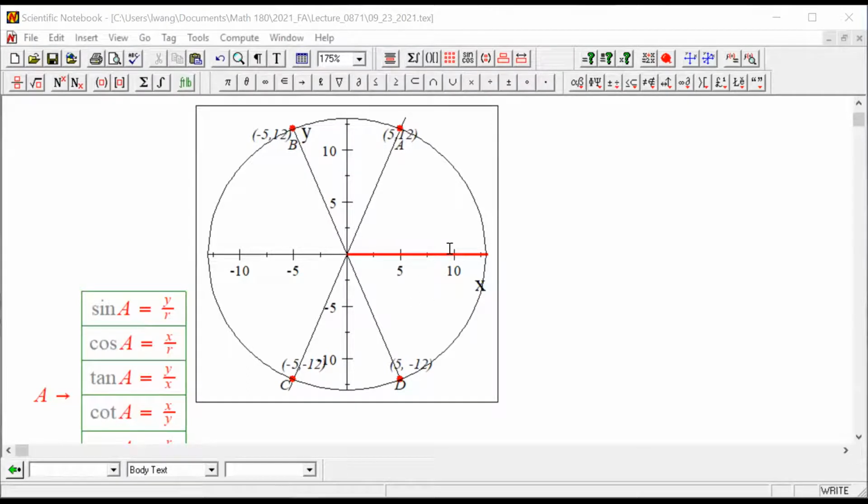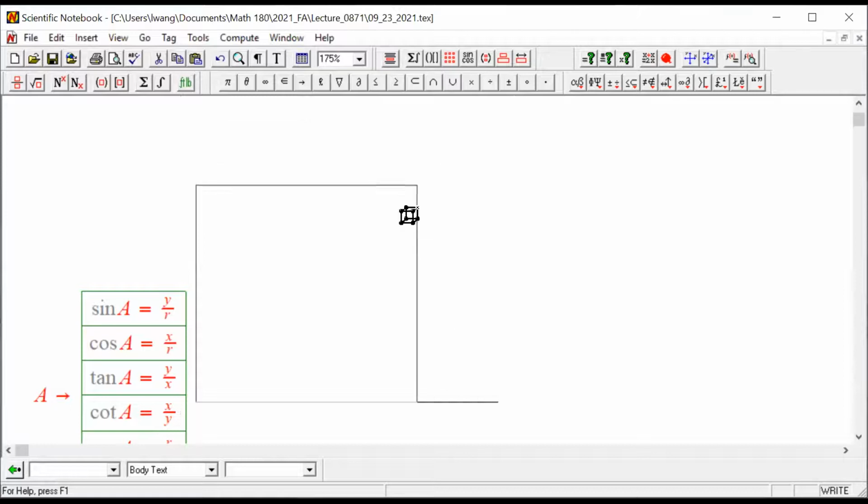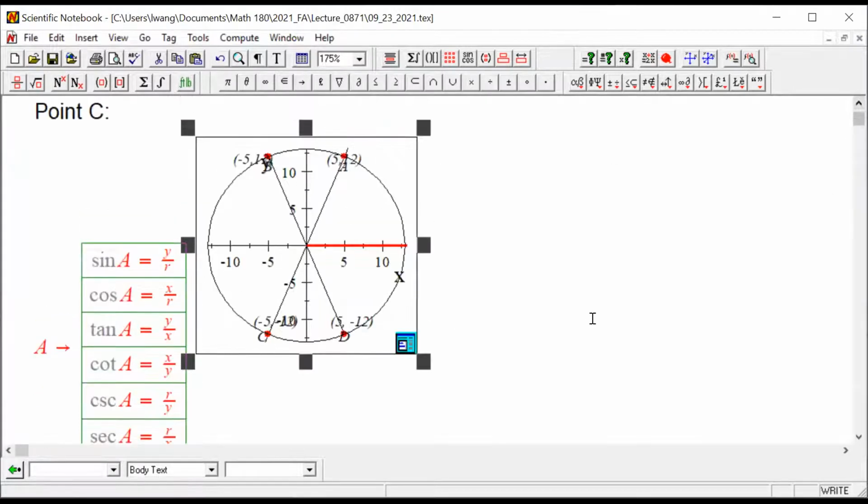For C and D. Okay, point D on the other side.